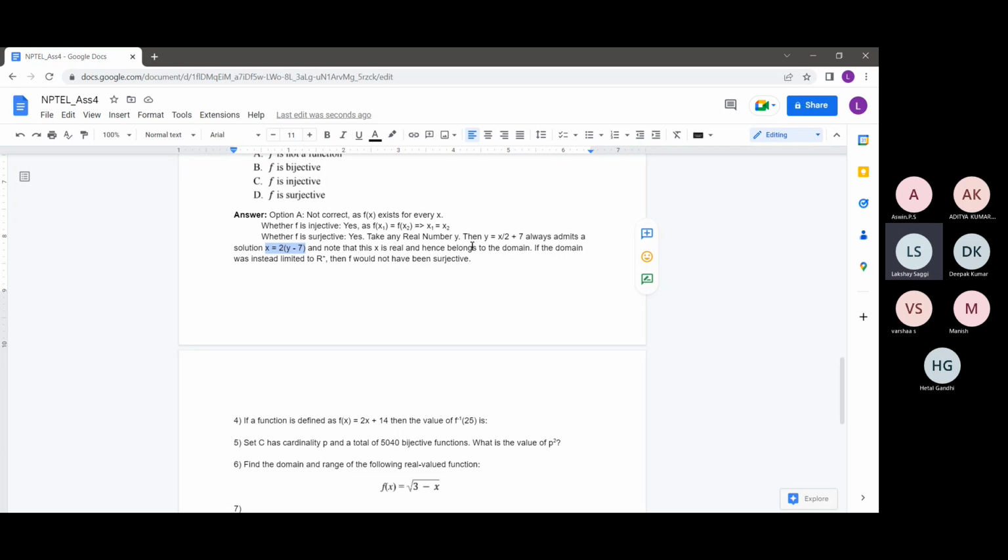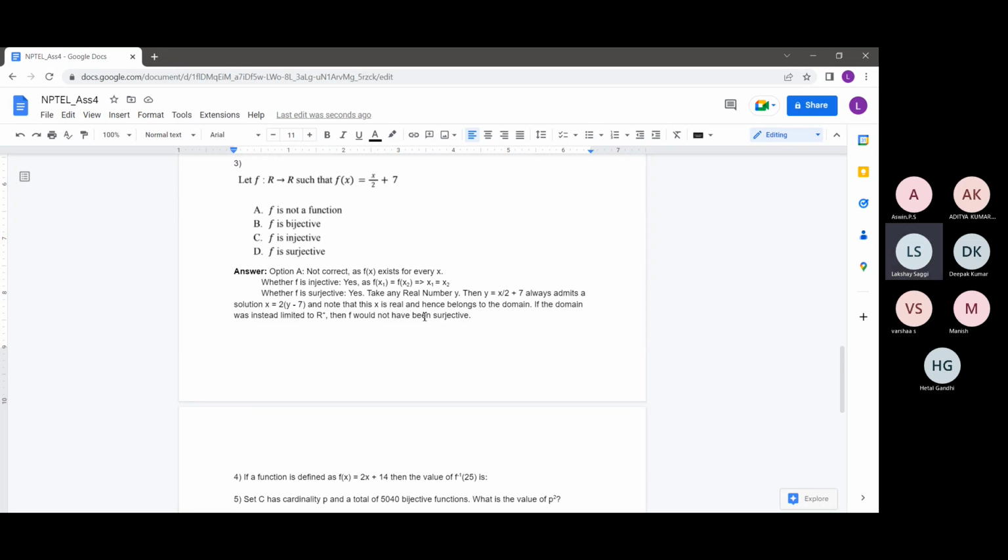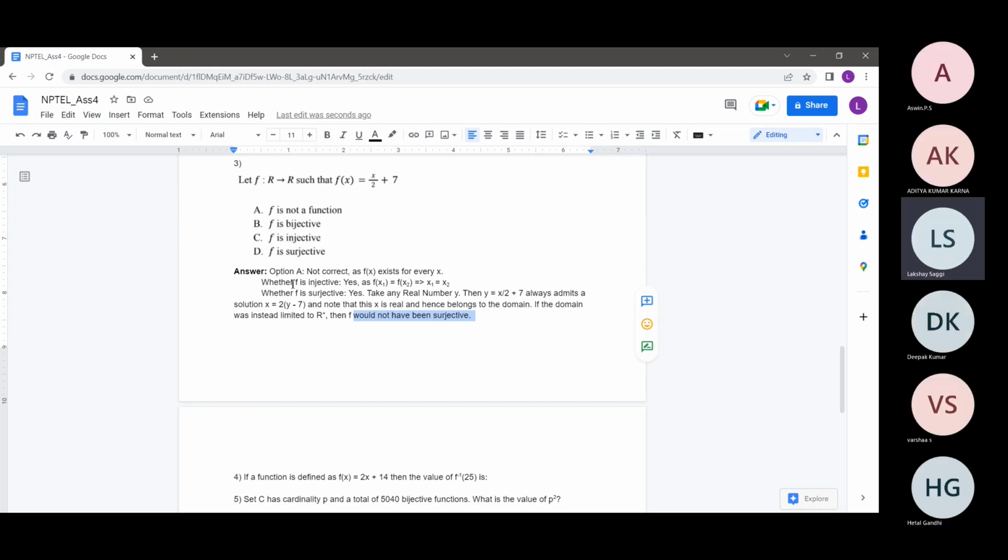So if the domain was limited to R positive, then f would not have been surjective. And you could have given the example case for this as y equals 6. At y equals 6, x needs to be minus 2 for y equals f of x to hold true. But x equals minus 2 is not in the domain, so the function would not have been surjective in that case.